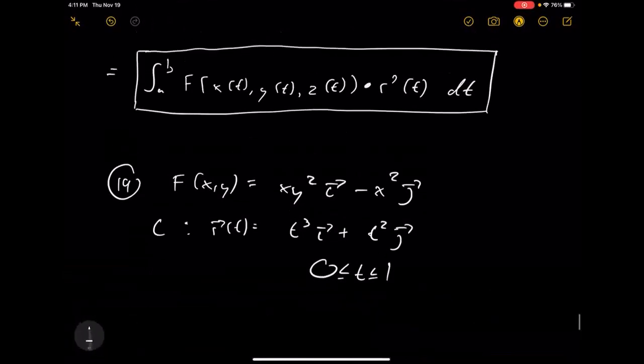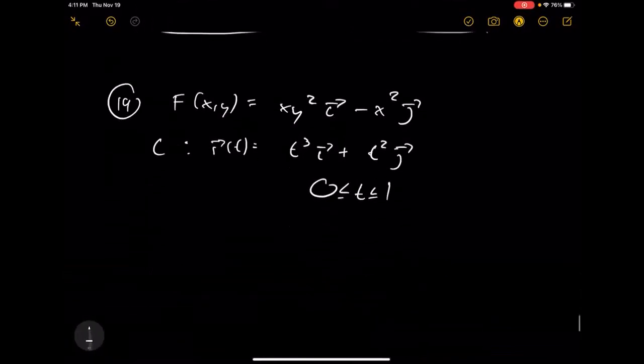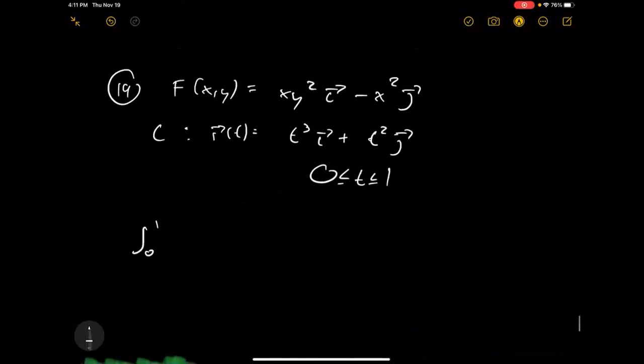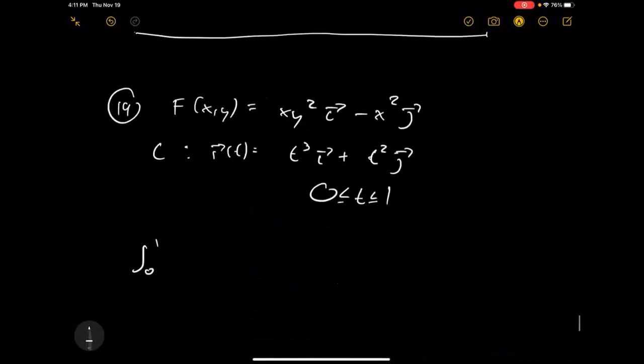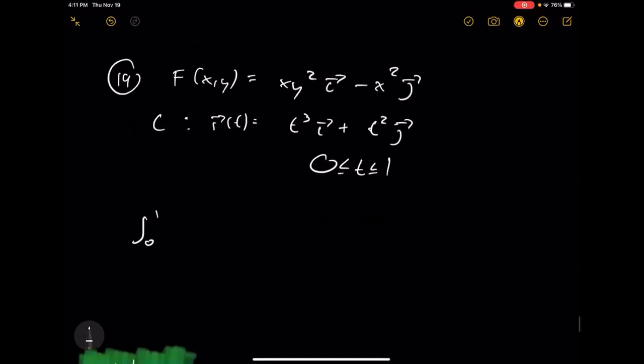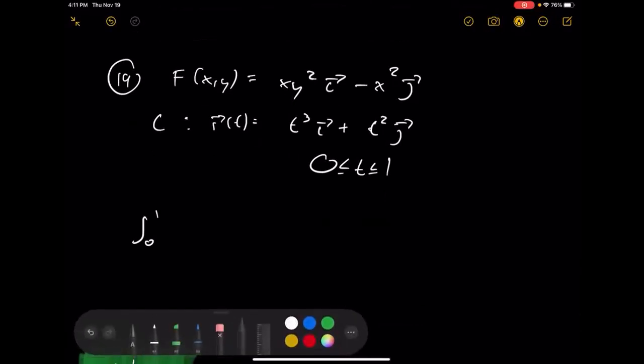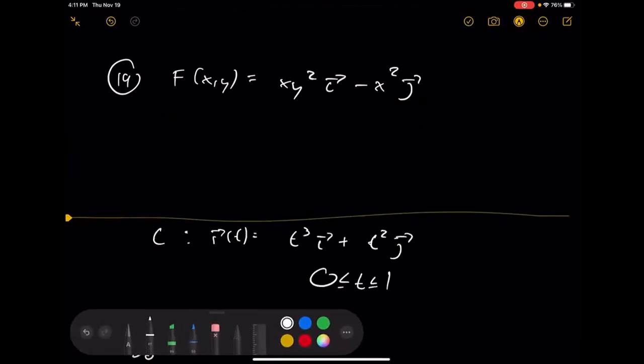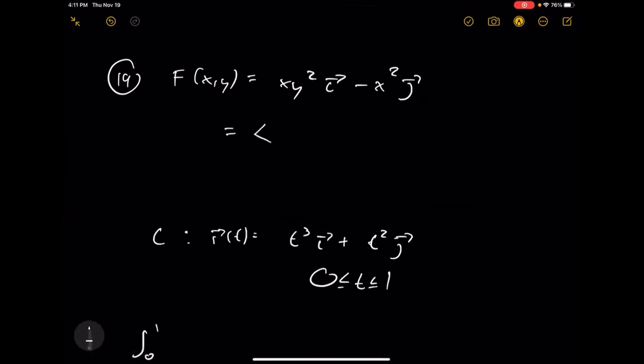So what's my formula? I need to take a dot product, right? Well, I'm told my t is between 0 and 1, so that should be the bounds of my integral. What's my F of x(t), y(t)? Let's rewrite this as a vector, maybe it'll be clearer. I could rewrite this in vector notation as xy squared, negative x squared.